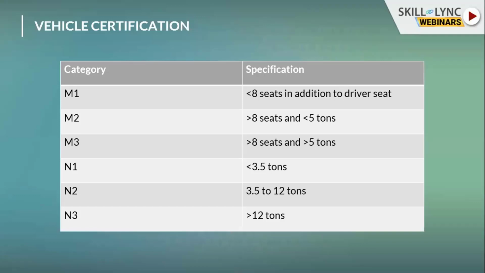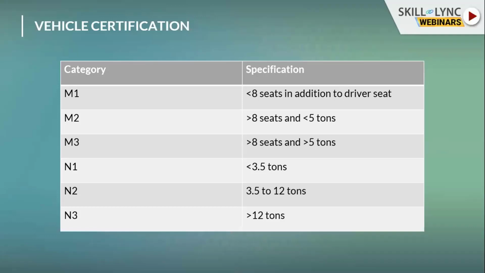Then N1, N2, N3 are designed to carry goods, cargoes in a vehicle. It depends upon the tonnage it is categorized. And according to our braking system, N3 will mostly be fitted with a pneumatic brake system, and N2 can probably have both the pneumatic and the air brakes.